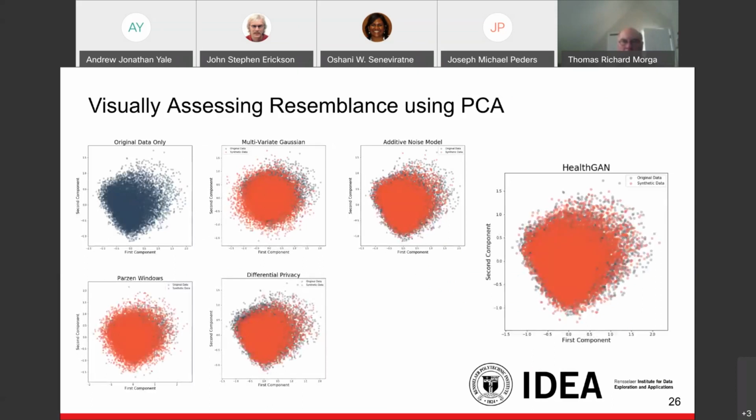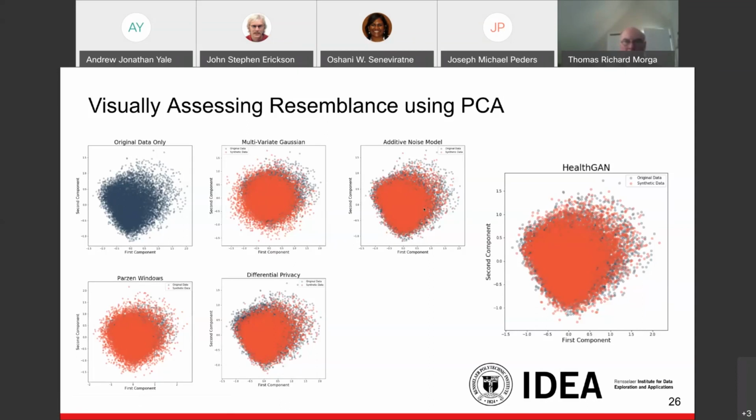So, visually assessing resemblance using a PCA. Again, in black over here is the original data, and all these plots have the synthetic data plotted in red. With the multivariate Gaussian, you miss this upper right and extend too far on this lower left.